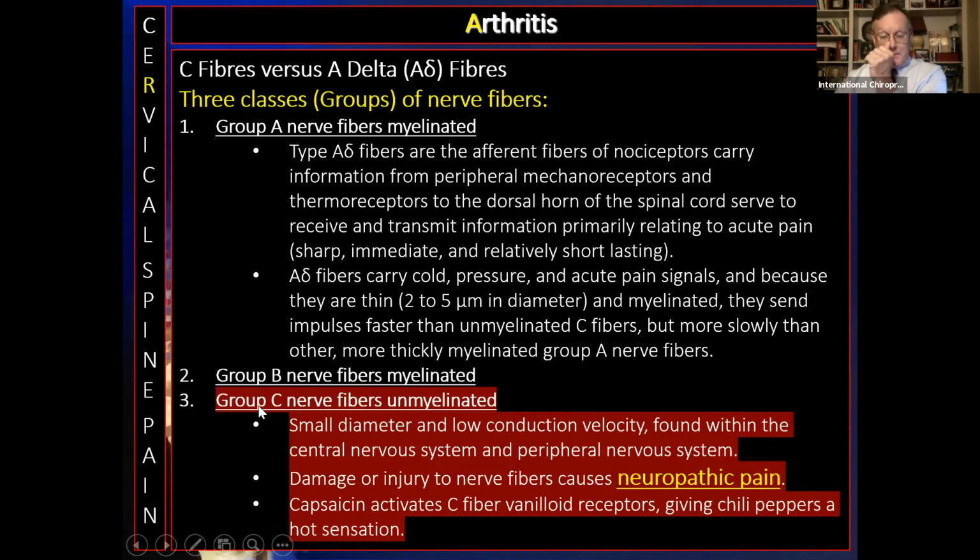Now, mainly the ones that give us chronic pain, so-called neuropathic pain, are these group C fibers. They're unmyelinated, they have a small diameter, so they have a low conduction velocity. That's important because if you've got any sort of stimulation in the skin surface, for instance, we use a little vibrational device when we're doing injections, because that vibrational input travels so much faster via the group A nerve fibers to the brain, and is so much louder than the little needle sticks that we're doing for, let's say, a needle injection therapy.